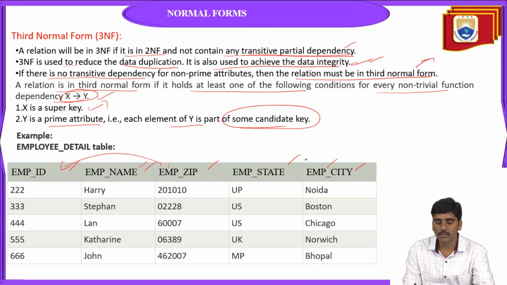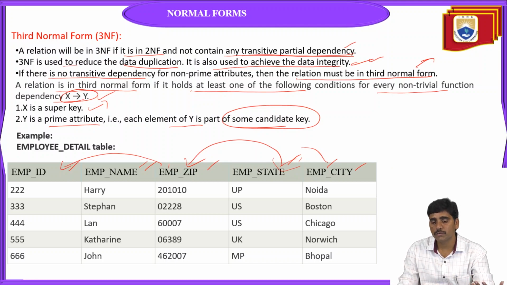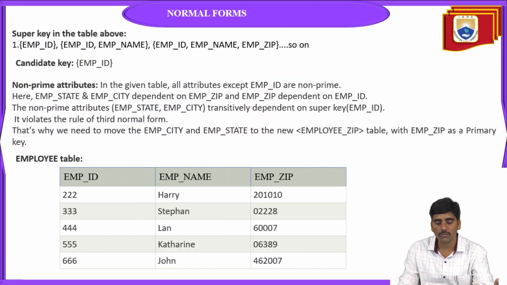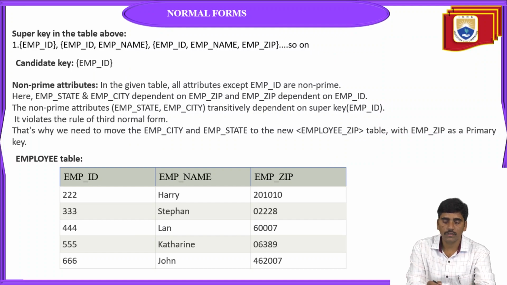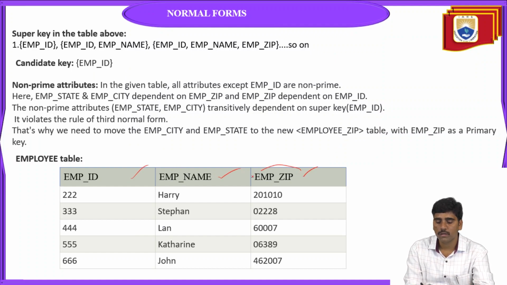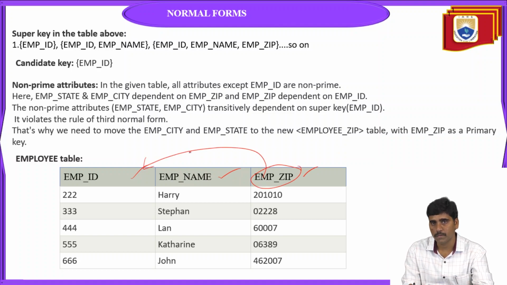But employee city and employee state depend on employee zip. So here there is no full functional dependency. To make it fully functionally dependent, we need to decompose the table like this. One is employee ID, employee name, employee zip. Now employee zip is transitively dependent on employee ID.